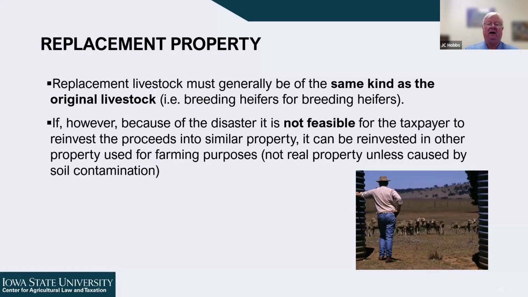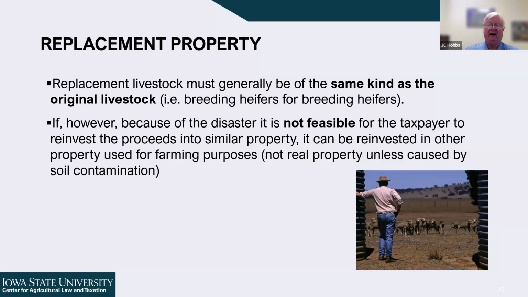Now, if it's impossible for you to buy those animals back, so let's say we have that dairy that I've been using here for quite a while, and we washed away the dairy barn, it's not going to be feasible to rebuild the dairy and get back into the business of dairy. We can go into beef animals. If that's not good, we can go into sheep, goats, etc. All we have to do is invest dollars for dollars.